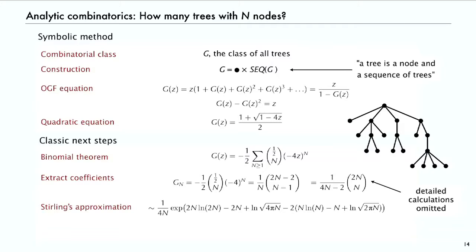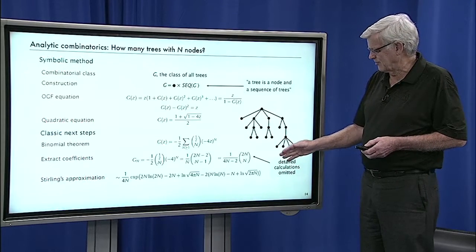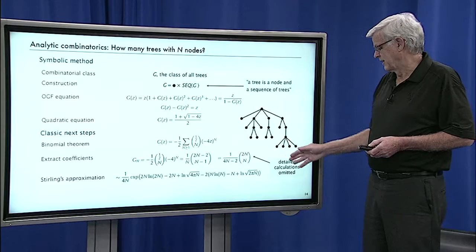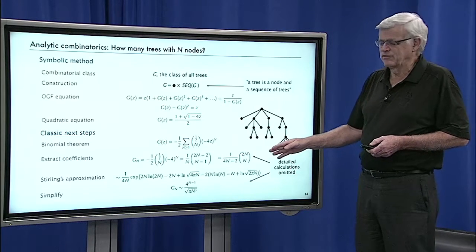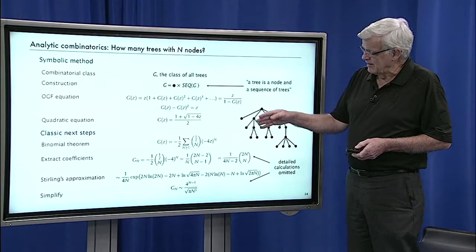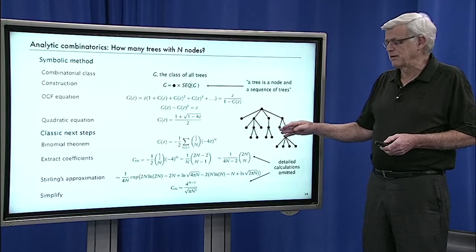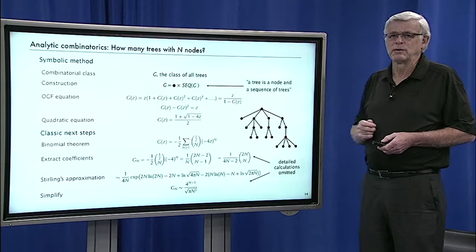And then we can use classic analysis, Stirling's approximation, with, again, quite a few calculations to finally get down to the result that the number of trees is asymptotic to 4 to the n over the square root of pi n.